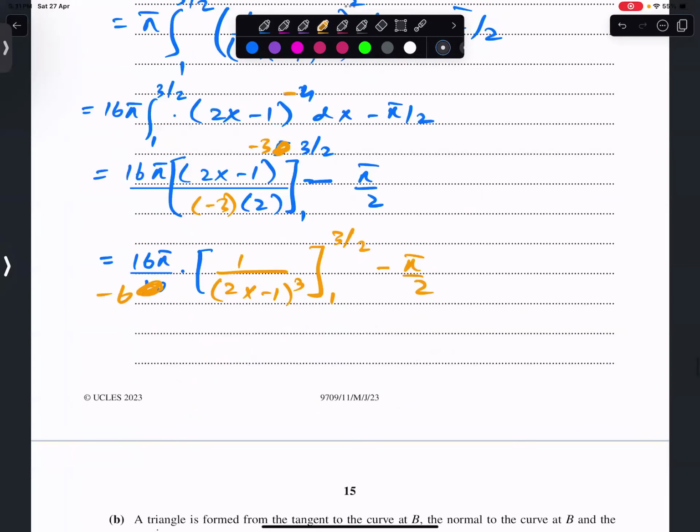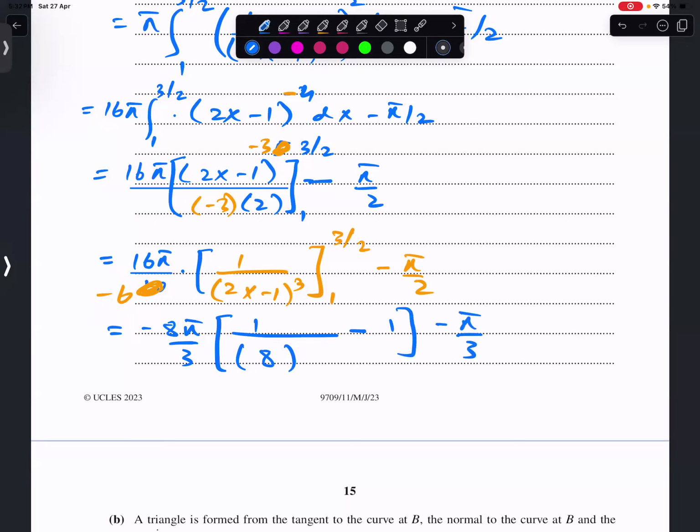Now -8π/3, upper limit will be 1 over 2 into 3/2 will be just 3, 3 minus 1, 2, 2 cube will be 8. So this is the upper limit, minus lower limit will be just 1.